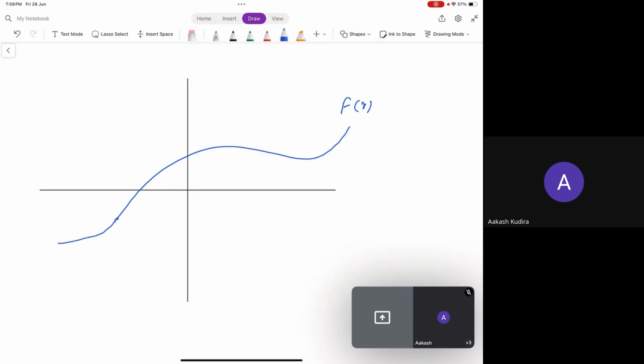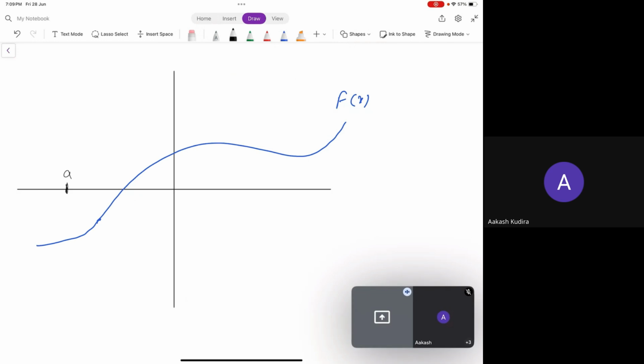This is a and this is b. Now tell me the area from a to b. Obviously you will do the integration from a to b.